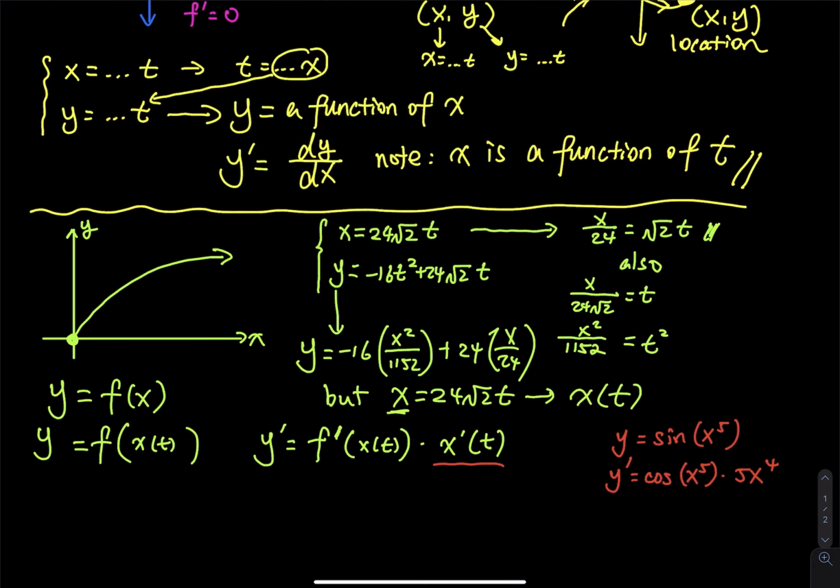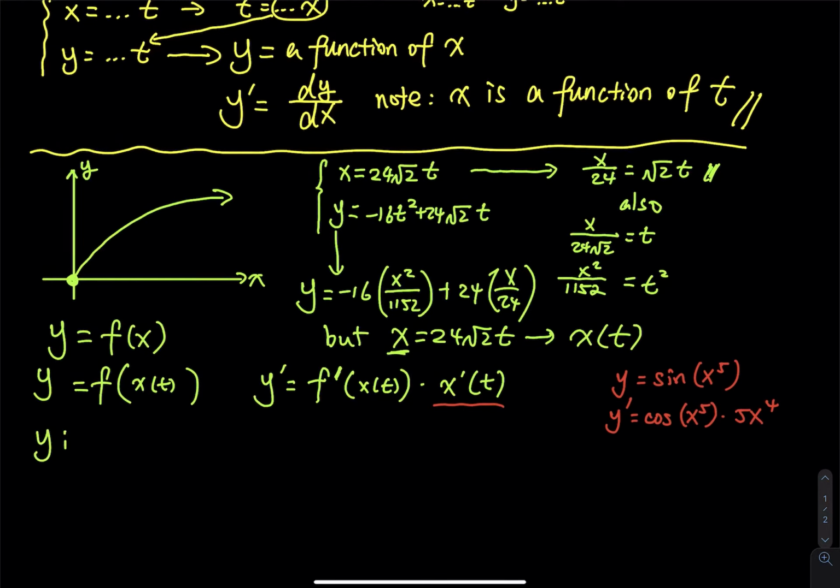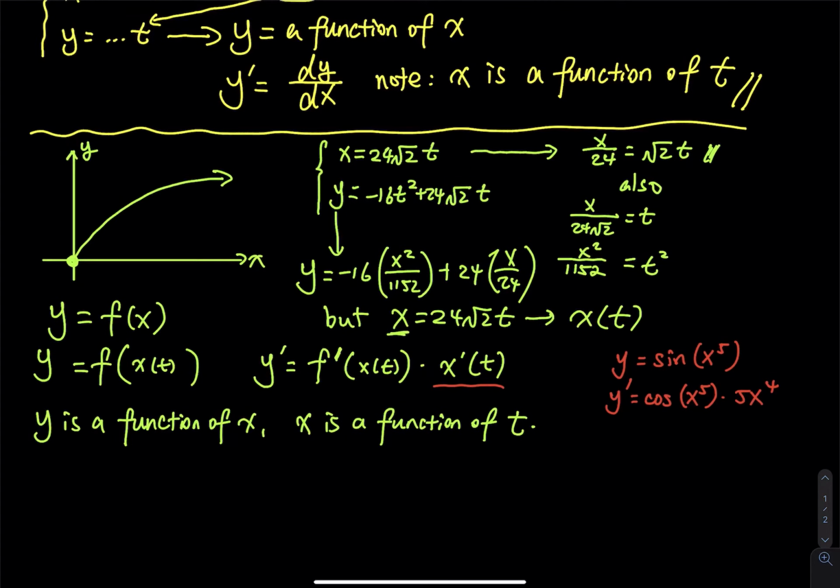So I'm going to write a sentence. So y is a function of x, and then x is a function of t, right? So that means dy/dt, so take the derivative of y with respect to t. This one gives you the derivative of y with respect to x, which is the f prime of x in here. And using the chain rule, you also need to take the derivative of x of t.